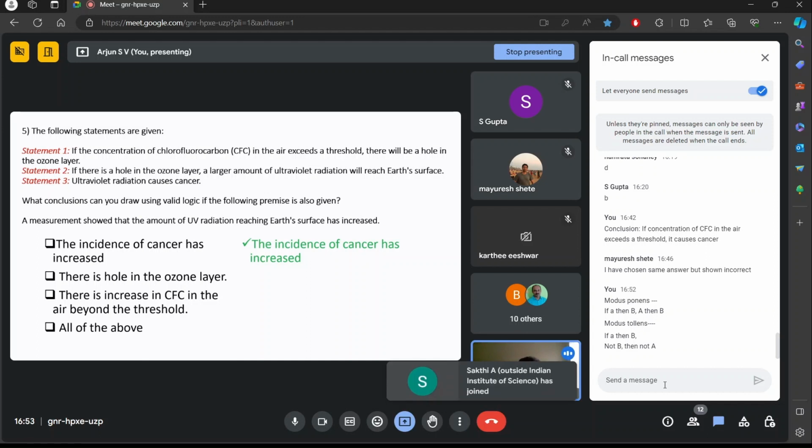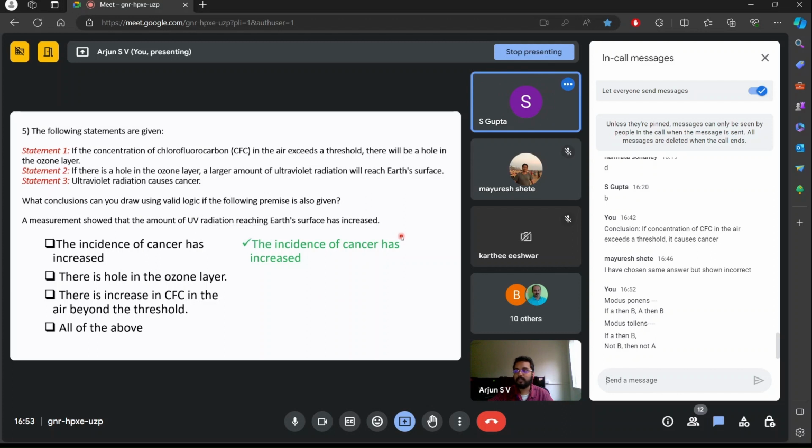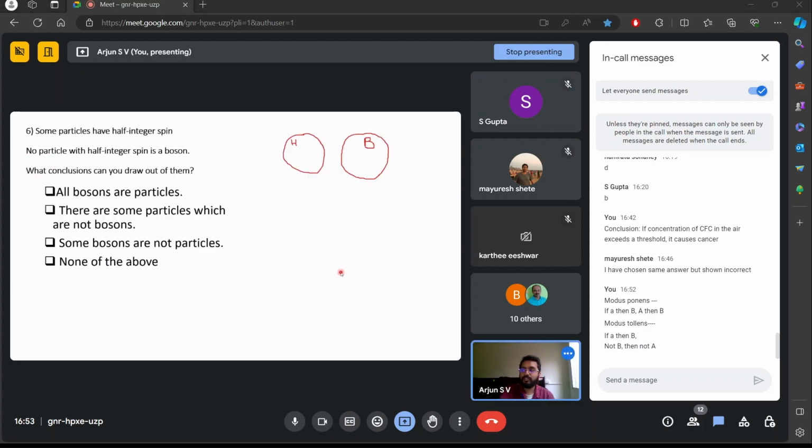And in the same case, if A then B, and not A happens, then not A does not necessarily mean not B, because that can also happen by a lot of reasons as well. That's why the other two cases will not be applicable. Right, sir. Thank you, sir. Thank you. So I'll move on to the next question.